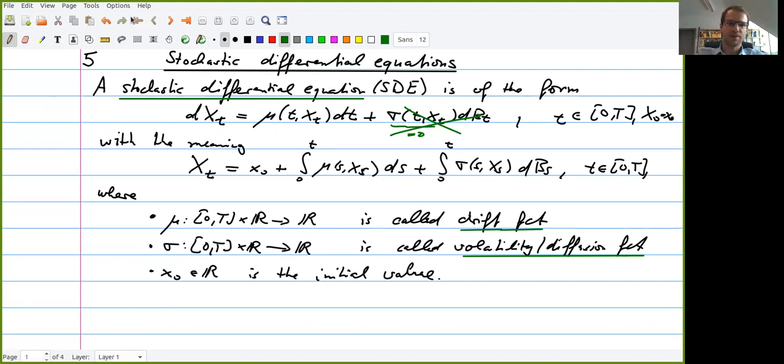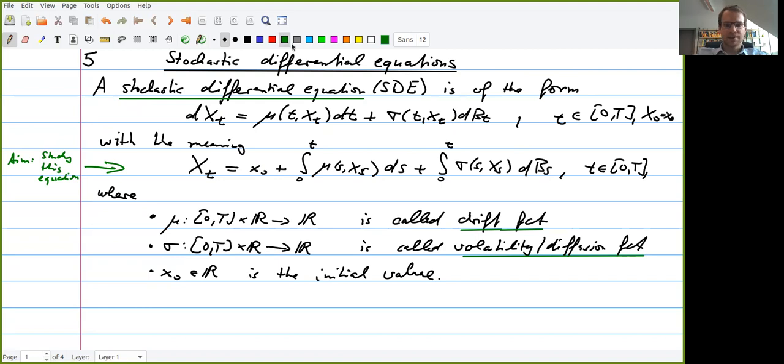So stochastic differential equations are nothing else than the stochastic generalization of ordinary differential equations. So the goal is to study this equation. And you often see this shorthand writing, but it means just that we consider this integral equation. If you take the derivative, this is exactly what we wrote here.